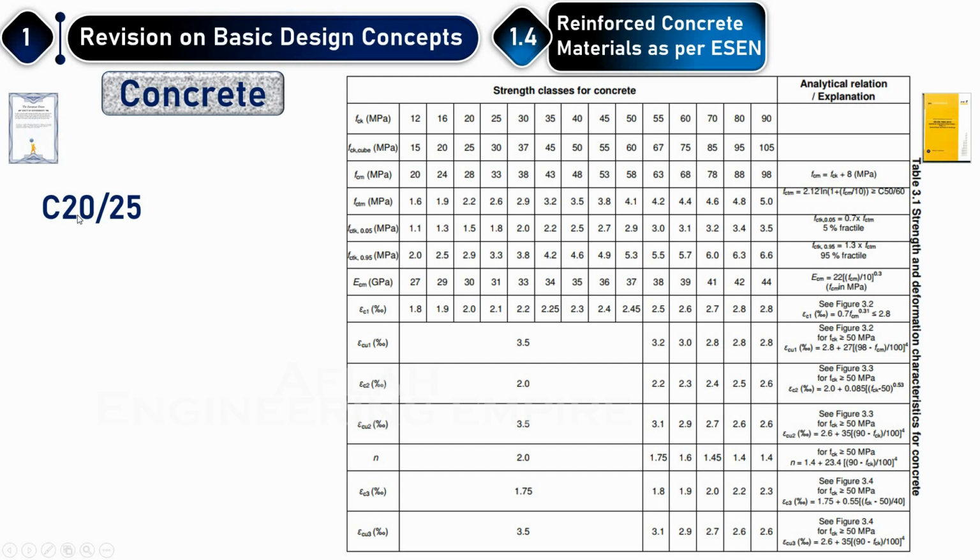Previously, they used to be called C25. However, now C20/25. This has got representations. Now 20 stands for fck, and fck means the characteristic cylindrical strength of the concrete, and this is the characteristic cubical strength of the concrete.